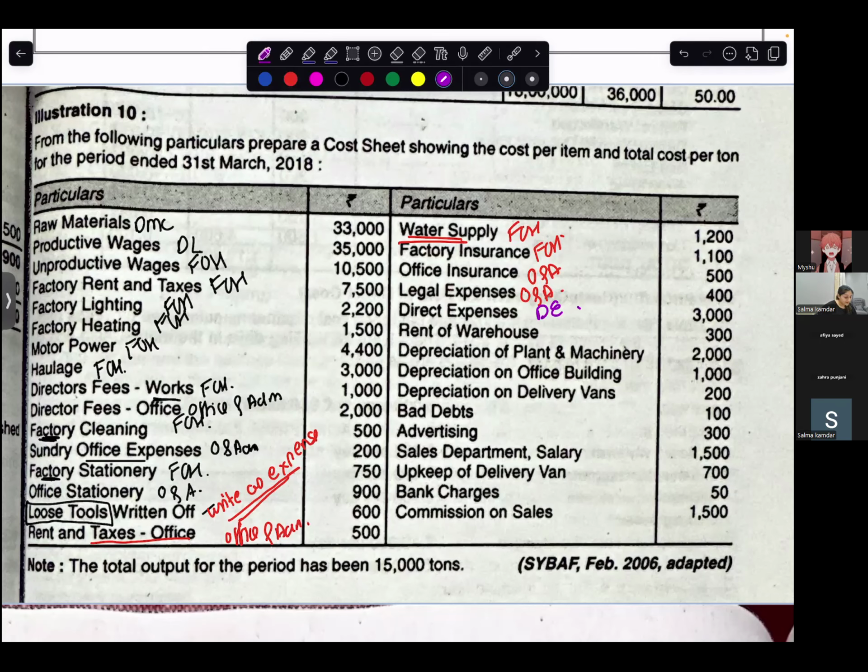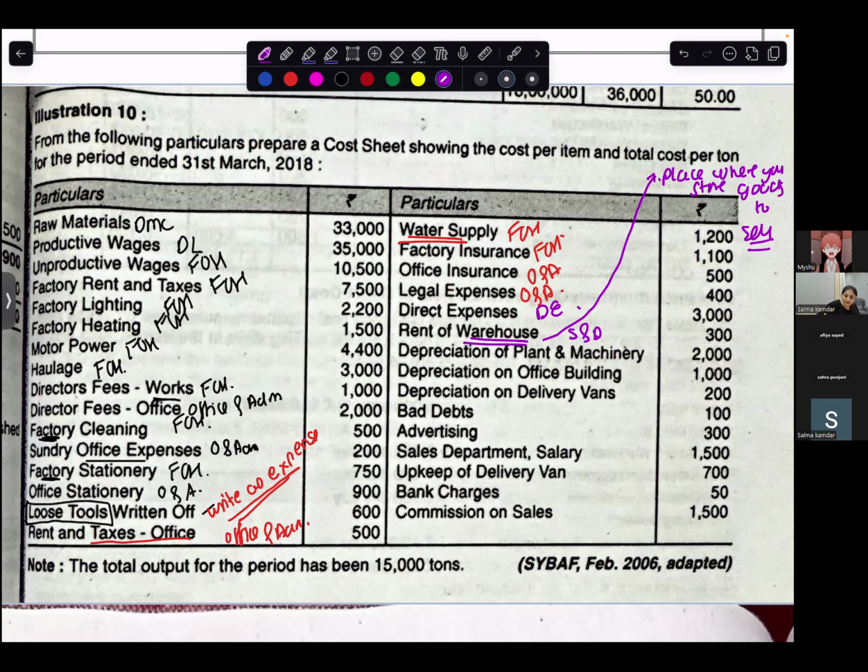Okay, very good. Rent of warehouse. Factory overhead. Warehouse is the place where you store goods to sell. So selling and distribution.